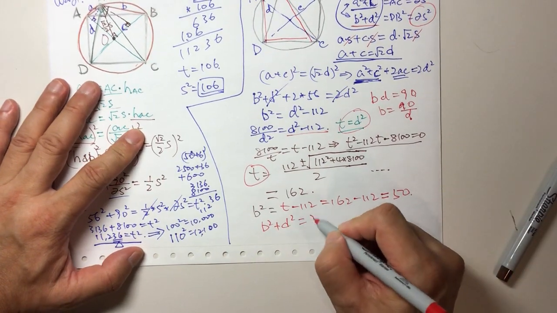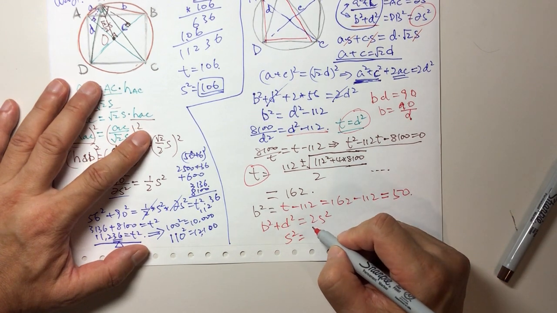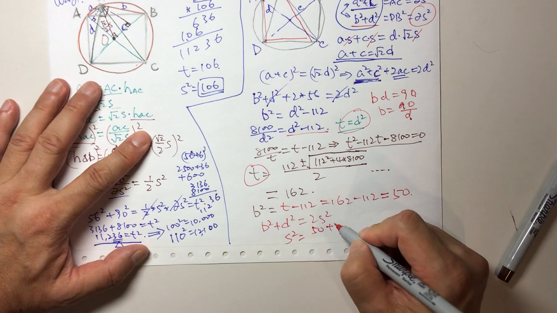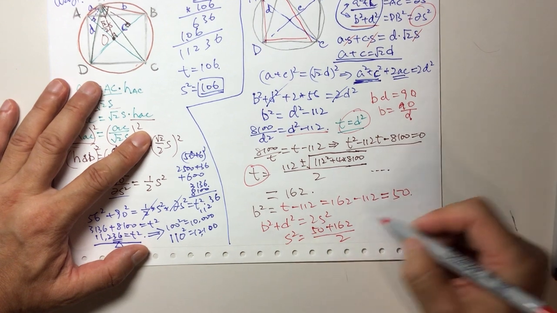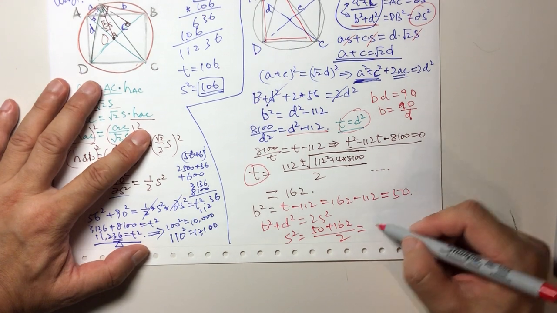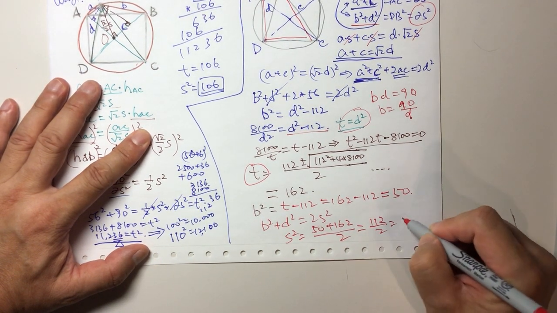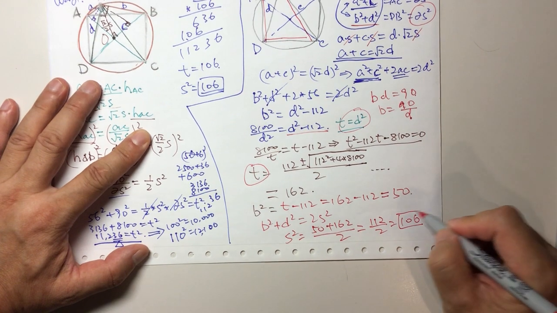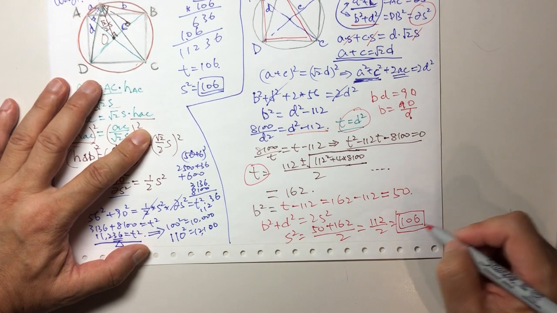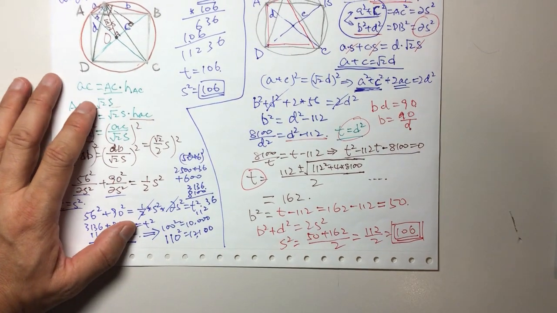So S squared equals 50 plus 162 over 2. That's 212 over 2, so it's 106, right? Yes, done. We got the same answer. Of course, it will be the same.